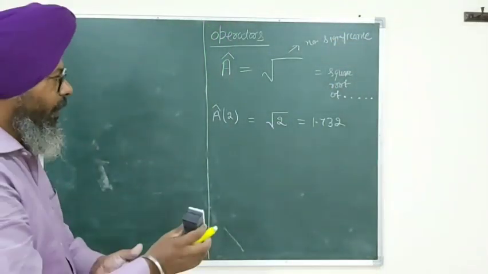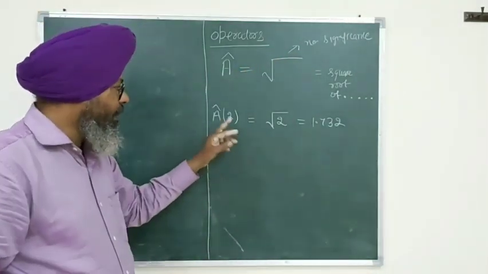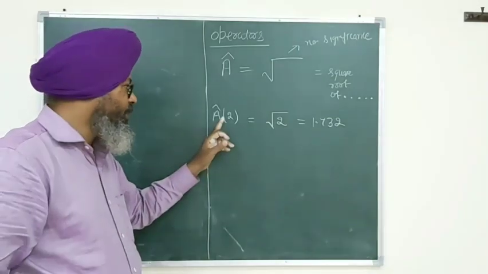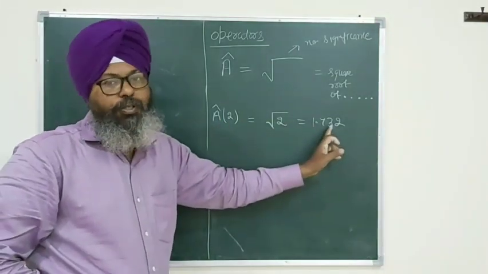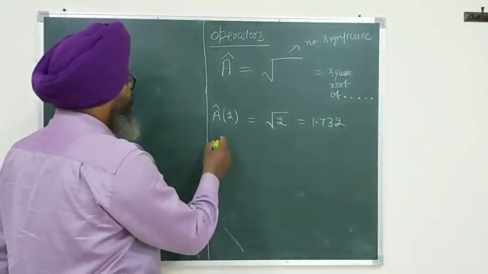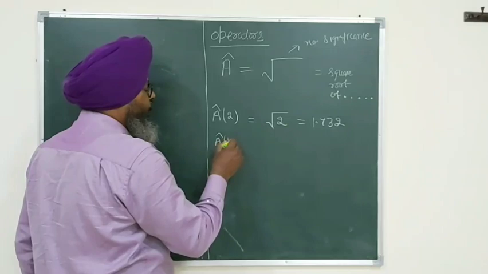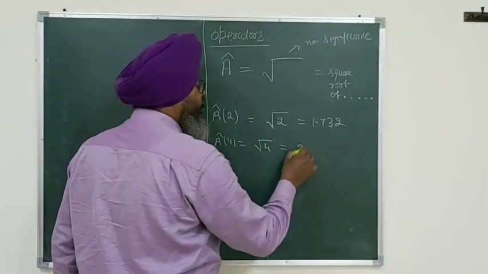Operator in itself has no significance, but when the same operator gets some input value, it changes. Its input was 2 and the output is 1.732. Similarly, what will be a cap of 4? It will be square root of 4, that will be 2.